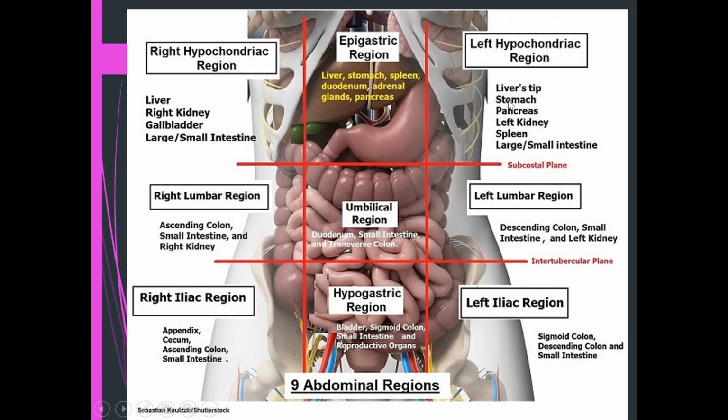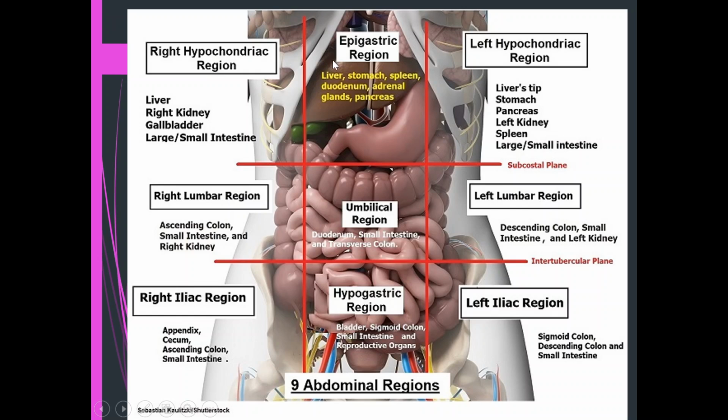On the other side, at the left hypochondriac you can find the liver's tip here, and then the stomach, pancreas, left kidney at the back, the spleen, and large portions of the large and small intestine. At the left lumbar region, there is the descending colon, small intestine, and the left kidney. In the left iliac region lies the sigmoid colon, descending colon, and the small intestine.